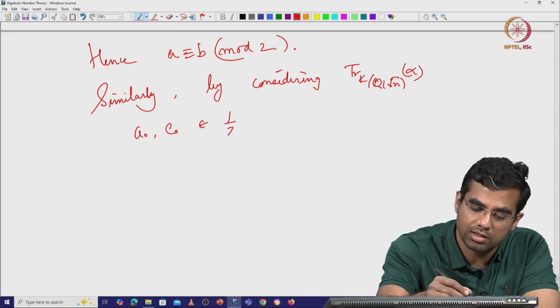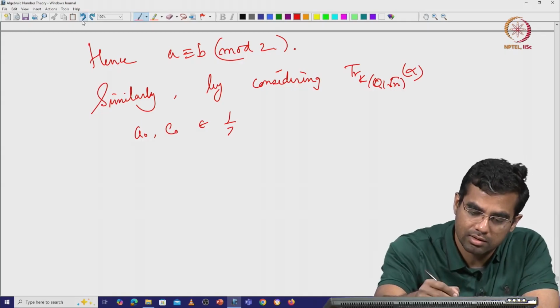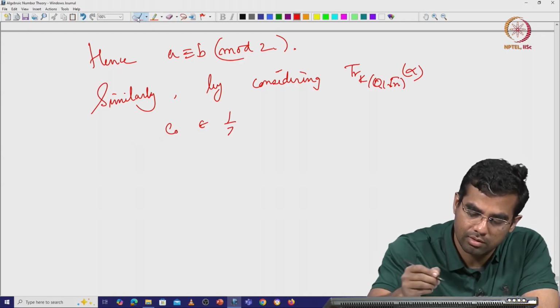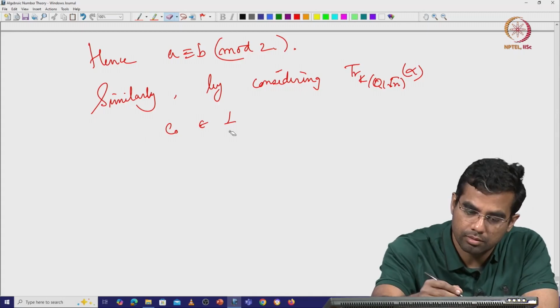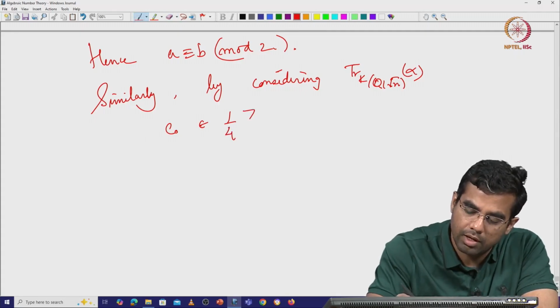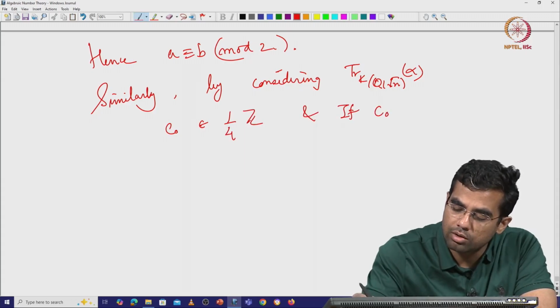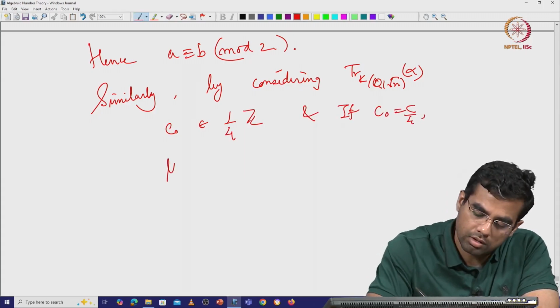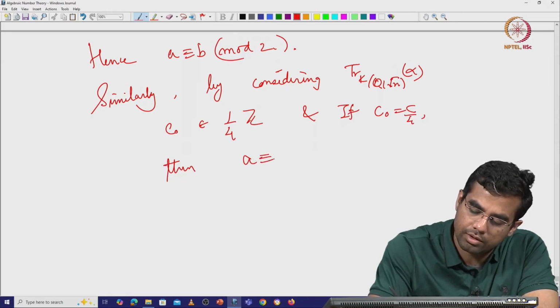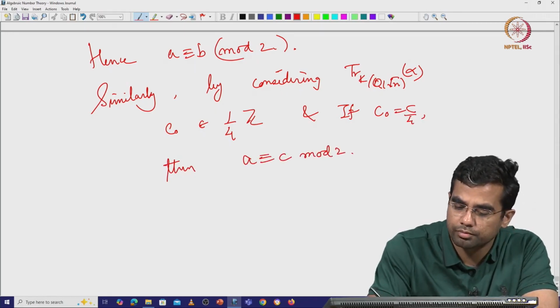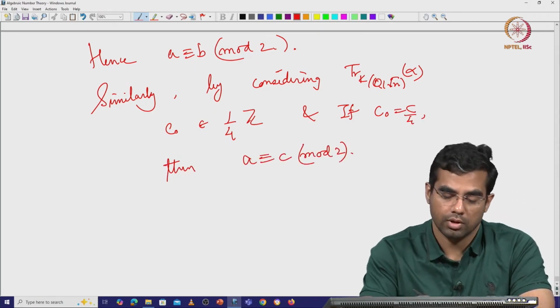We do not need to consider a0 again. If c0 is c/4, then a is congruent to c mod 2, as before.